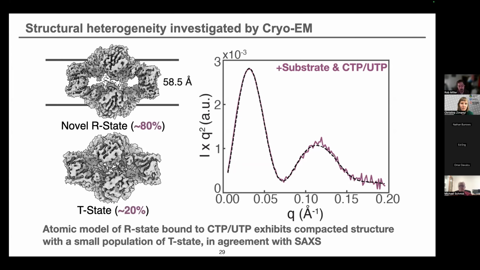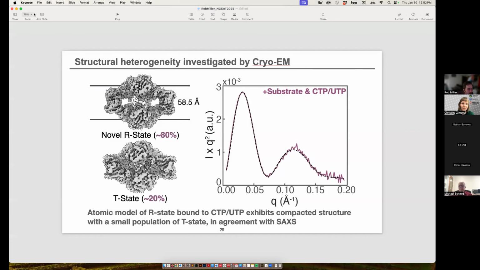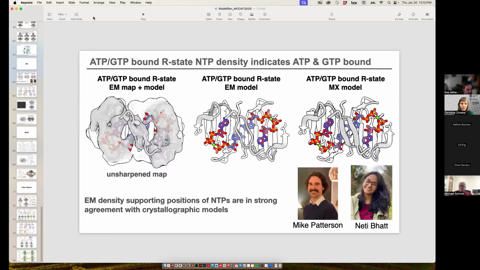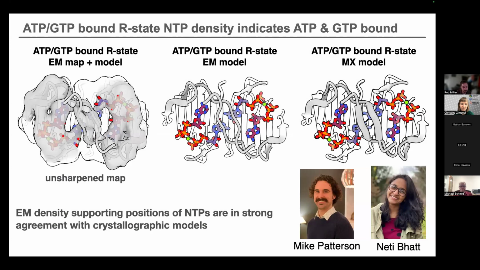I'm not sure I have a great image of it here. Let me zoom in over here. Crystallography allowed us to really pinpoint exactly how these nucleotides were coordinated at the face of the regulatory domain. So for example, here is an unsharpened map, simply because the N-terminal tail density was extremely hard to resolve in some of our cryo-EM maps, which I think is a combination of alignment as well as just simple disorder, that they're moving around a lot.